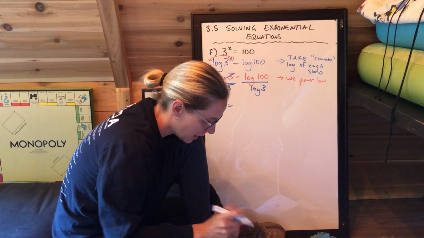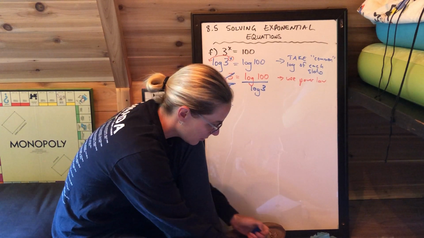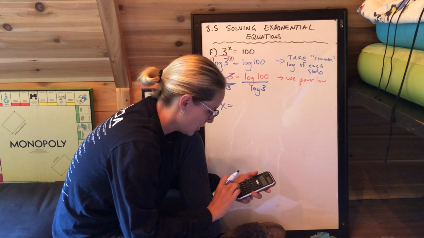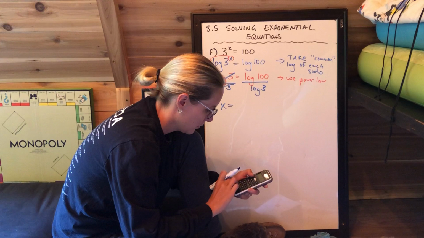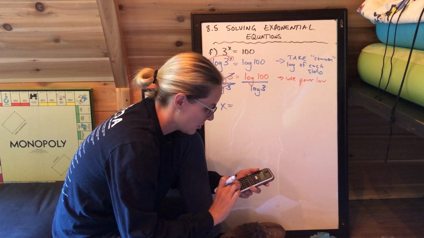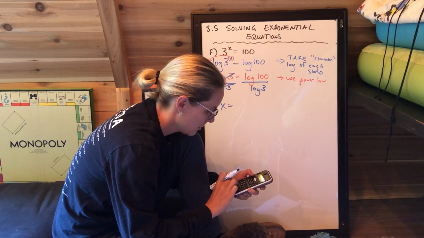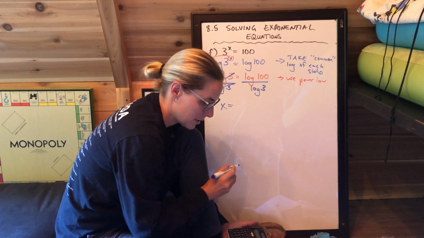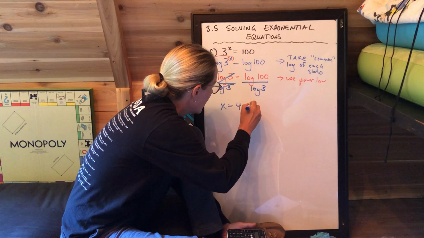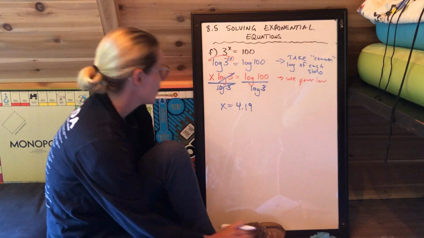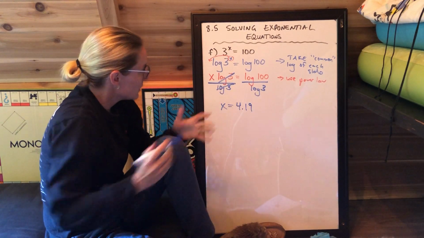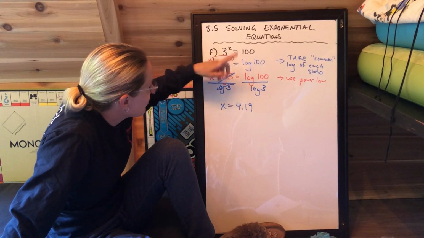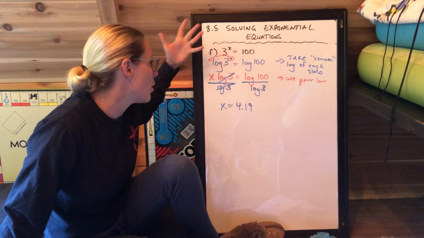And I get a final answer of, oops, hold on, log 100, which is 2, divided by, in brackets, log 3 equals 4.19. Okay? So yeah, there was no way you were going to know that x was 4.19 by just doing trial and error. This would have been an impossibility.